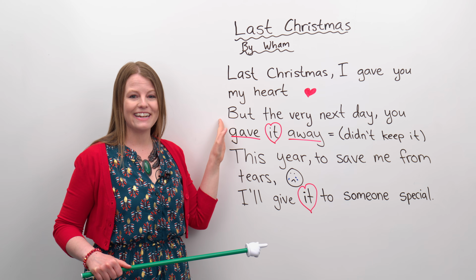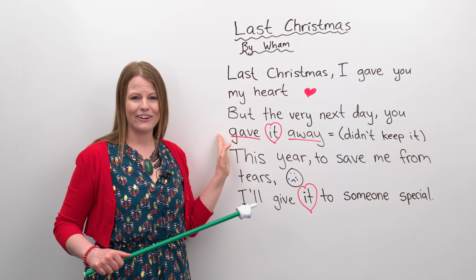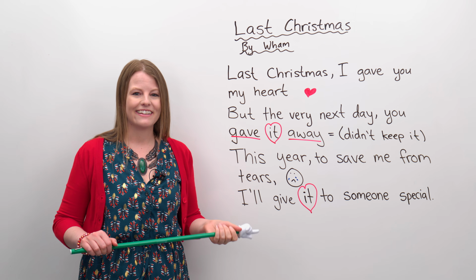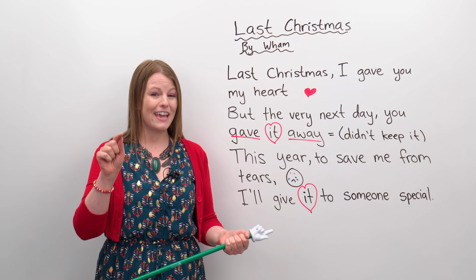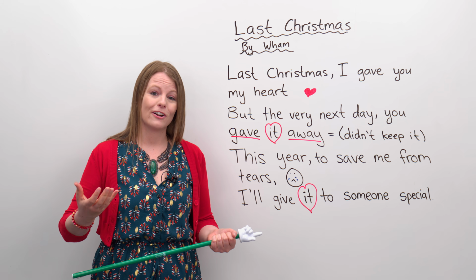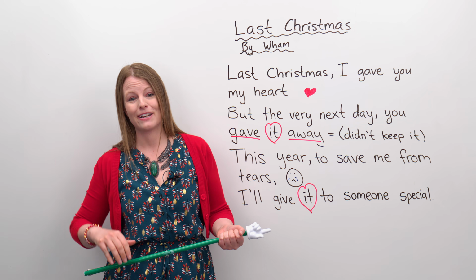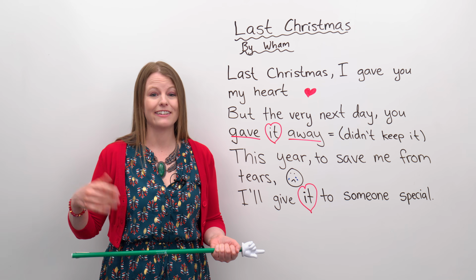"But the very next day, you gave it away." Oh, so that means that the singer gave his love and his heart to someone, and the very next day, the person he gave his heart to gave it to someone else, meaning that they went with a different man.